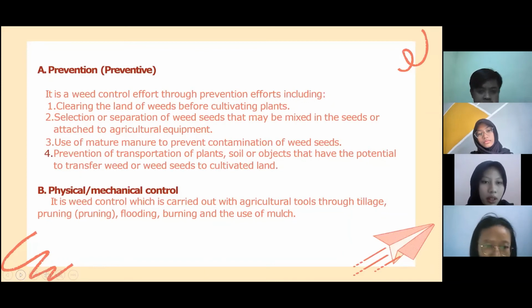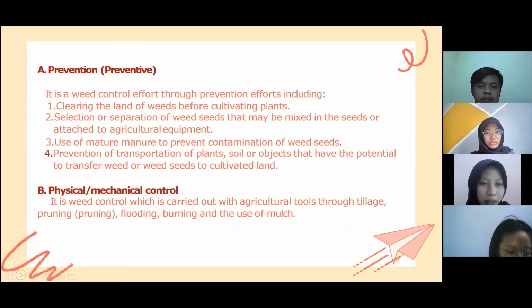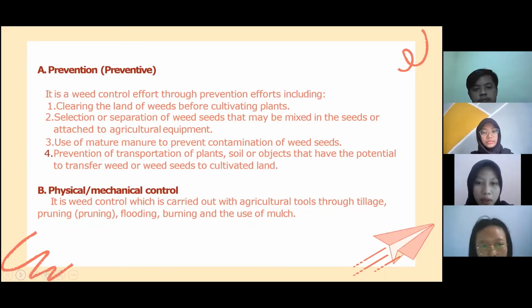A. Prevention. It is a weed control effort. Prevention efforts include: 1. Clearing the land of weeds before cultivating plants. 2. Selection or separation of weed seeds that may be mixed in the seeds or attached to agricultural equipment. 3. Use of natural manure to prevent contamination of weed seeds. 4.